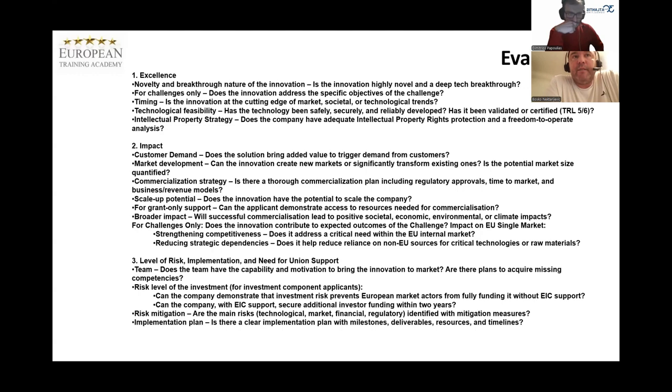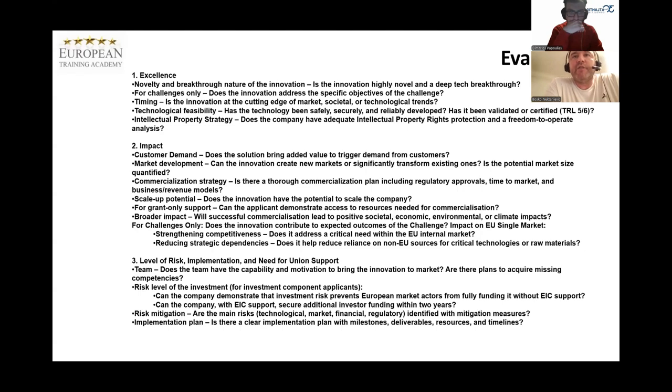Impact: customer demand, we'll clarify that. Market demand, clear again. This is where you present the market size and the market share you're going to be taking, and whether you're creating a new market or not. Commercialization strategy, this is important. I don't think we mentioned that in the prior one. The first one is a short story of how you reach the TRL where you need to be.